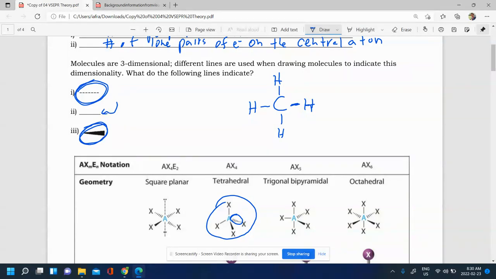So if I were to draw this in a 3D way using VSEPR theory, I would make one of the H's go essentially away from me. So that's going into the paper, into the screen. One of the H's with a wedge line would come out towards me, as if it's going to poke me in the eye.